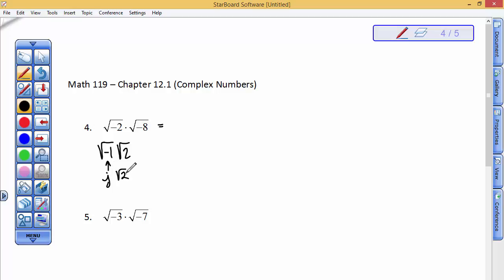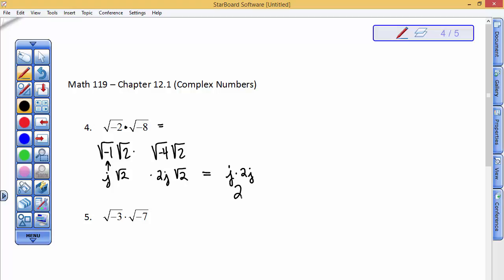The square root of a negative 8, though, is the square root of a negative 4 times the square root of 2. The square root of negative 4 is 2j times that square root of 2. Now, this is all multiplication. See, there was a dot here. Multiplication can be done in any order. So I'm going to take the j and multiply it by the 2j, and I'm going to get 2j squared.